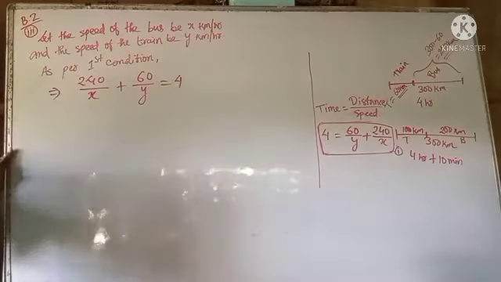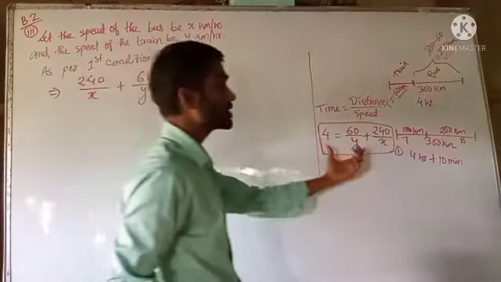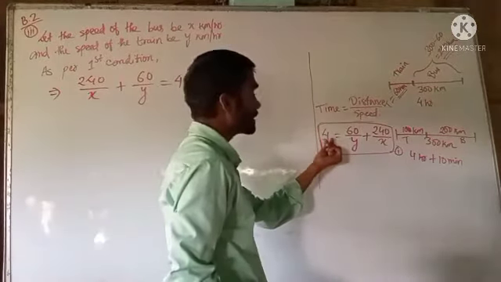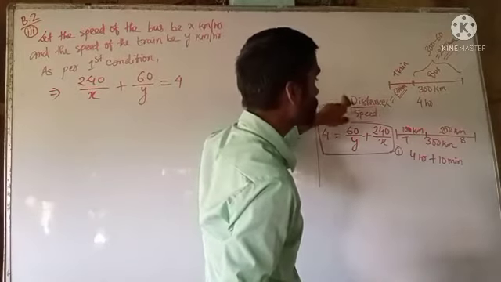it is 4 hours. That means I have written this one directly from here. How this equation came, I have made you understand: the time taken here is 4 hours, and it is distance by speed.